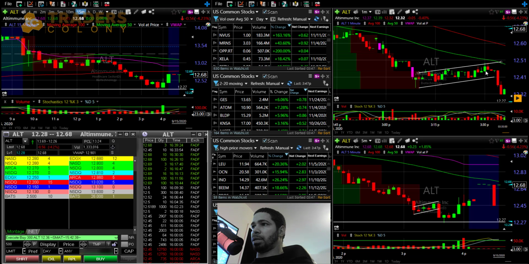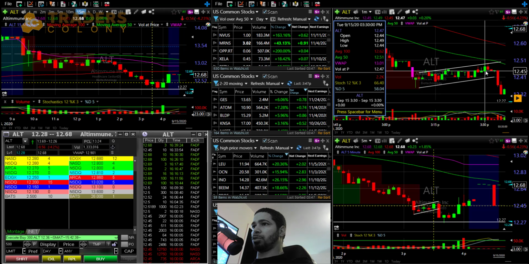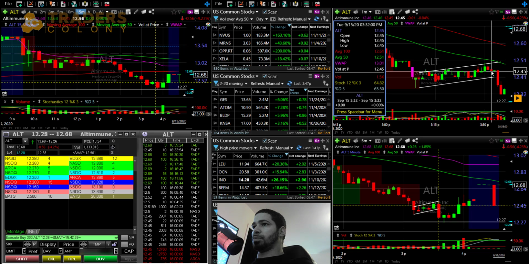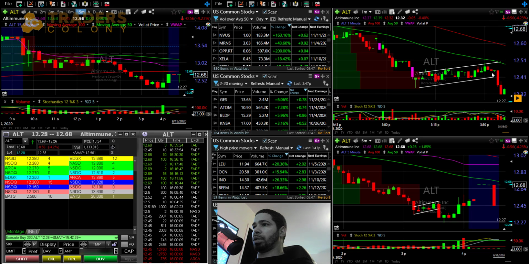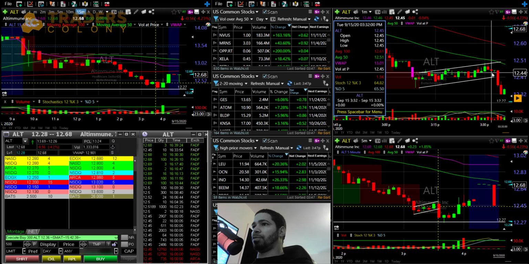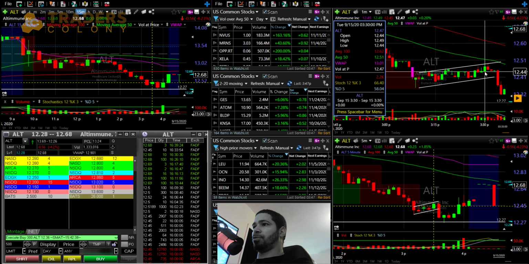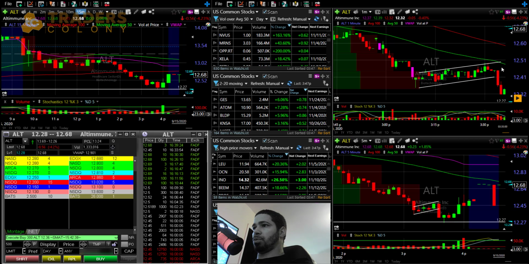Look at how we came and tested that $12.49 half dollar, and started to consolidate, started to print smaller candles coming down, 12.45, 12.44. So I noticed that there was a little bit of congestion right there, and we have a 12.44 low, the same one if you notice on the 1 minute.